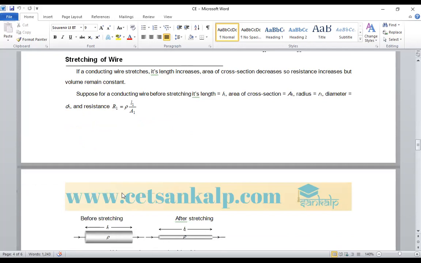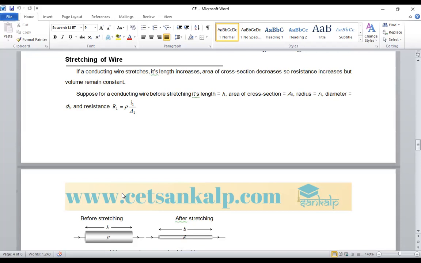The next is very important, stretching of the wire. Normally you will be seeing numericals based on the stretching of the wire. If a conducting wire stretches, when you start pulling that wire, its length increases, area of cross section decreases, so resistance increases.